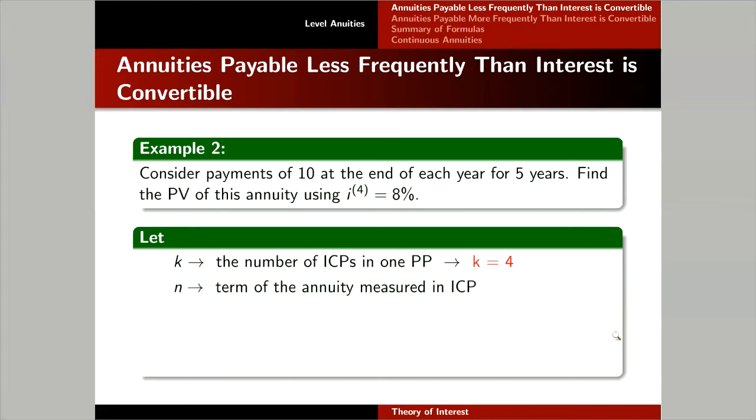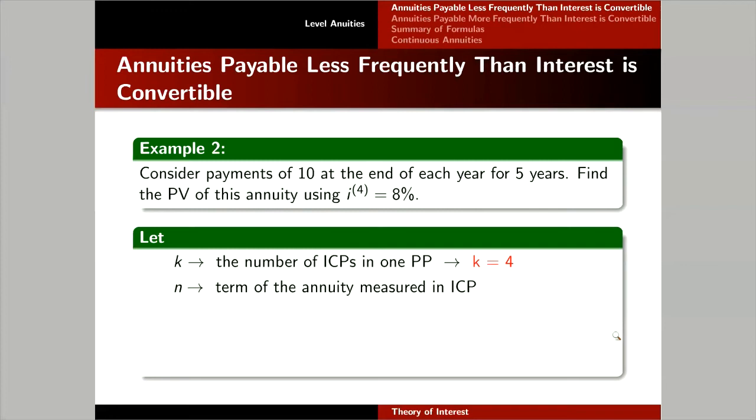Let's now have N. What is N? It's the term of the annuity measured in ICP. So, ibig sabihin nito, gaano katagal yung payments, but using ICP. So, what is our interest conversion period here in example number 2?